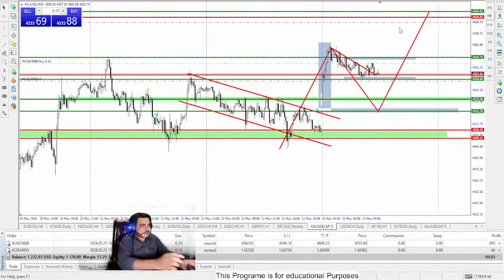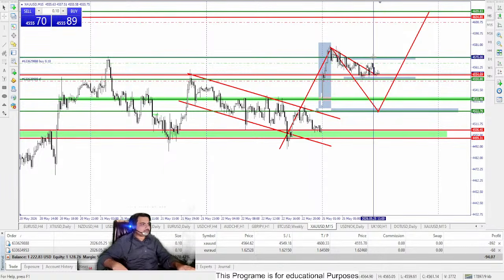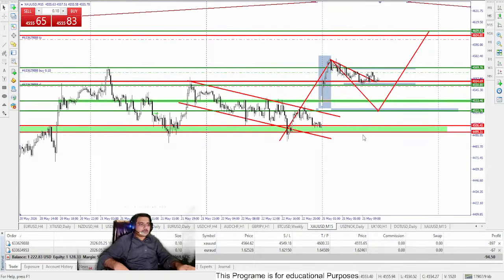Yes, inside these zones, this market is right now. So now what is the conclusion? The conclusion is, my friends, listen to me very, very carefully. The conclusion is that if it wants to do it from right here, it can do.